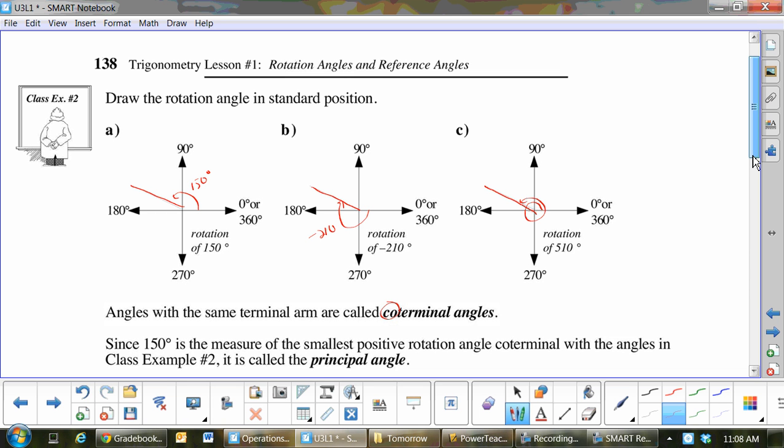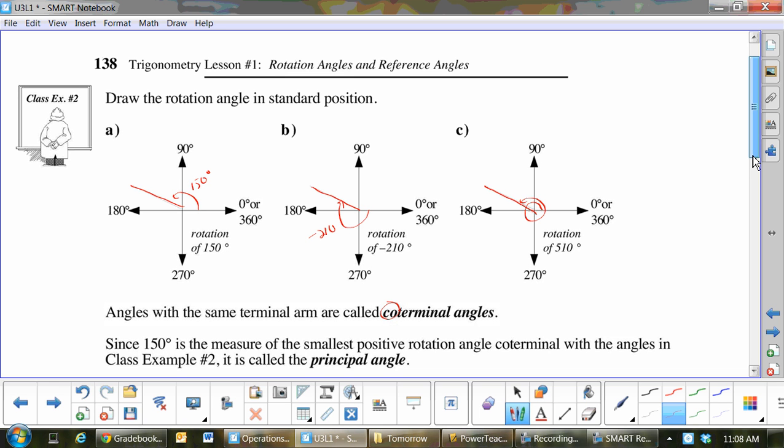So there is an infinite way to say one angle, right? That angle, add another 360, add another 360, right, till you're blue in the face. You can also subtract 360 and go the other way in a negative direction. So coterminal angles are all the angles that end up there. Those are all coterminal. I mean, look, they all stop in the same place.